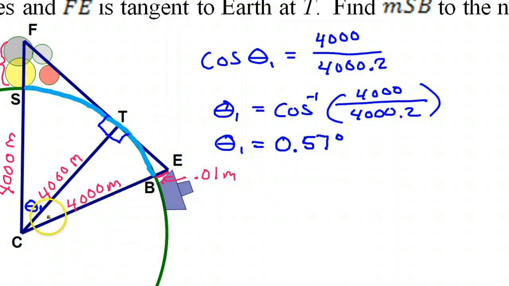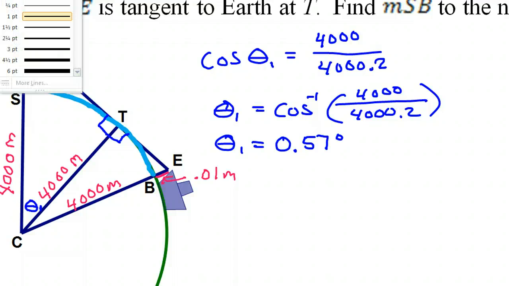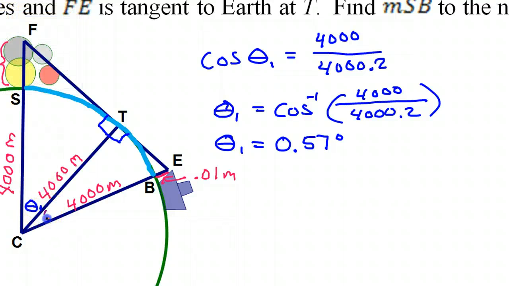Now let's go after theta 2. I think I'll do this one in purple. So this is theta 2. Similar situation: again, we have the hypotenuse, but this is 4,000.01, adding this little bit. And still, this 4,000 is the adjacent leg, so it's still adjacent over hypotenuse.